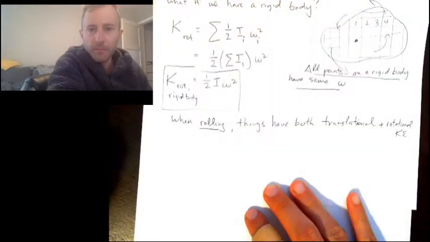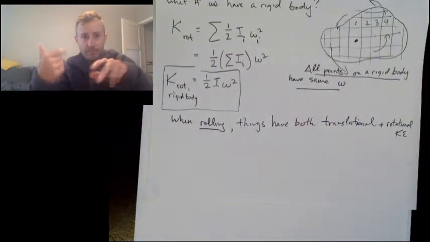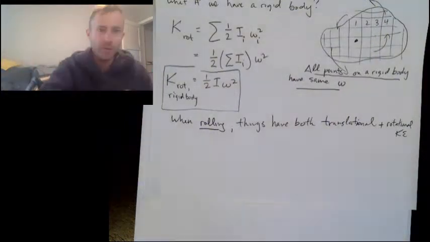You got both of them, okay? Why? Because when a thing is rolling, it's spinning, and it's also moving from point A to point B, okay?